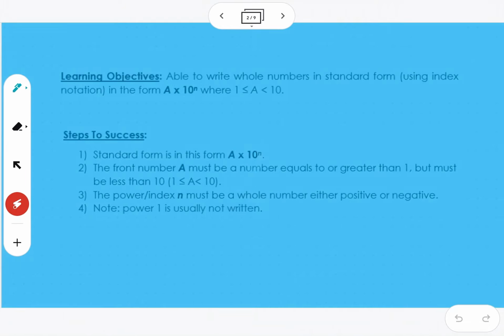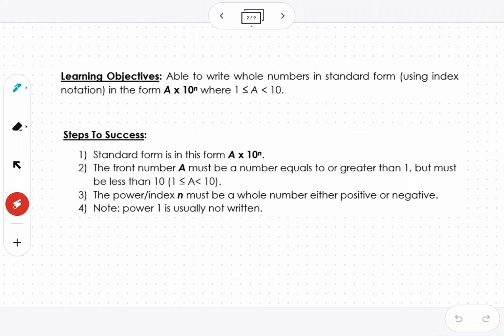So today we will move from indices to standard form. This is probably something new, so you have to remember the keyword standard form. Okay. So our learning objective for today, what we want to achieve, is to be able to write whole numbers.